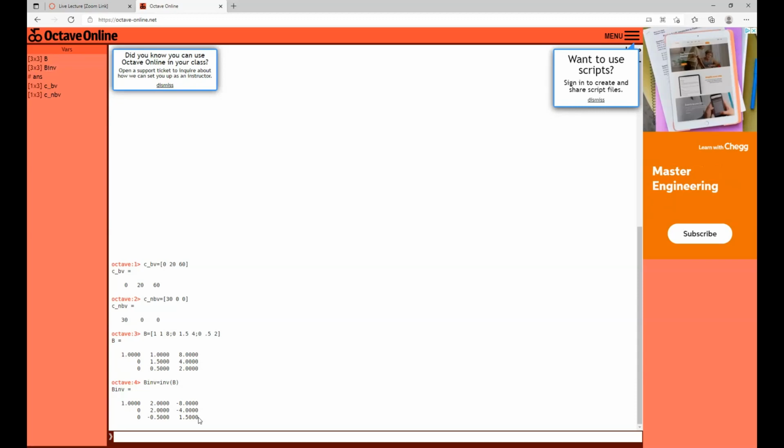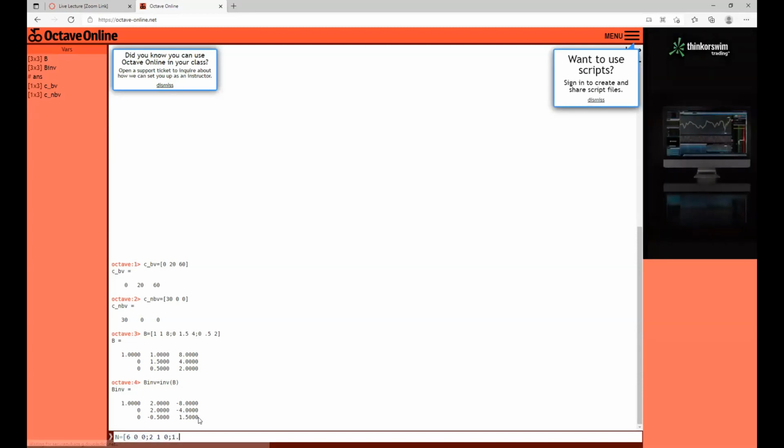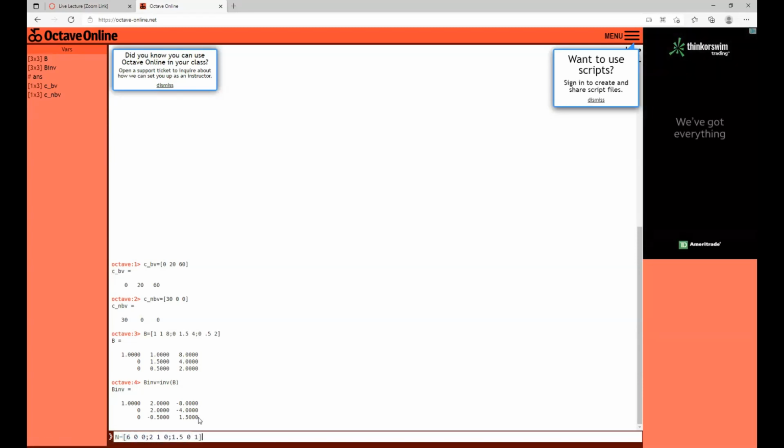And then we need our N matrix. Our N matrix in this case is [6 0 0; 2 1 0; 1.5 0 1].